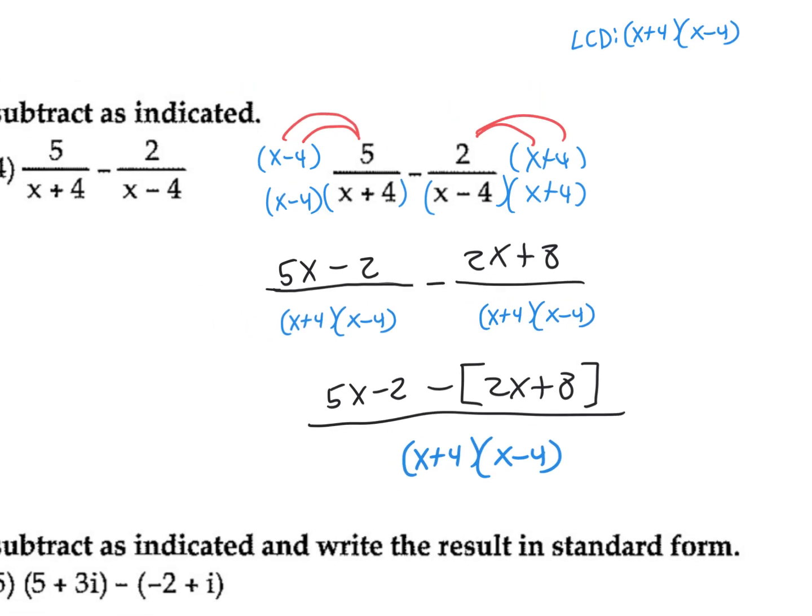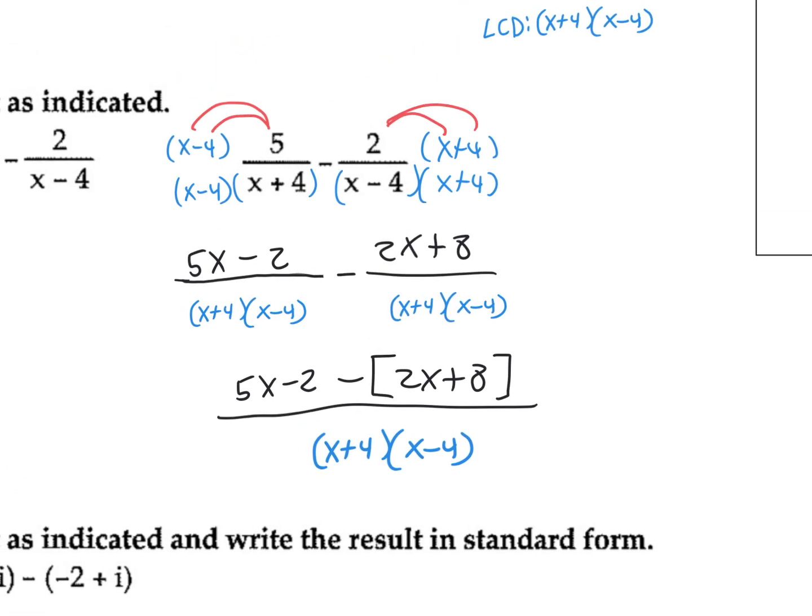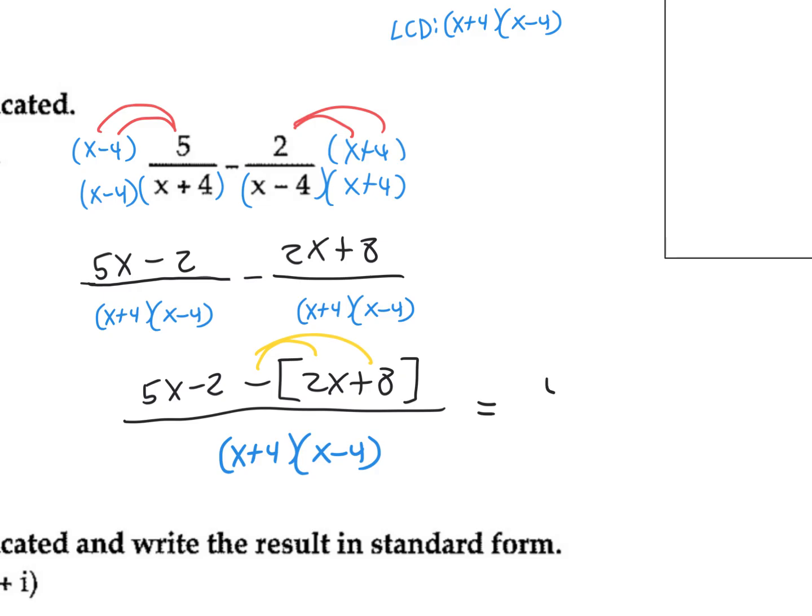Now, that is hugely important. Many students in the class are going to forget to put brackets around this, so you must remember to put brackets there. It's the case that the negative will then distribute. Hopefully that's clear. As a result of that, we would have 5x minus 20 plus or minus 2x, and then that's minus 8, and that's all over our common denominator that we had from before.